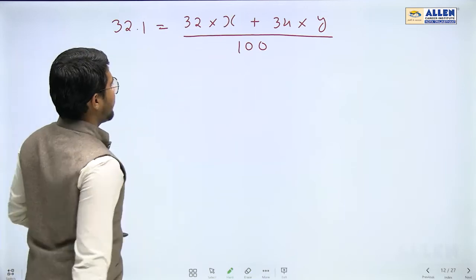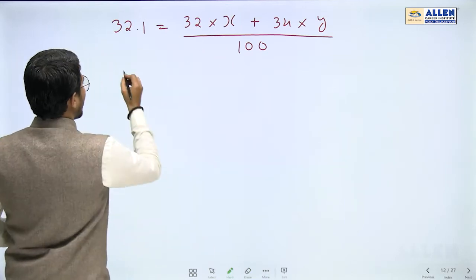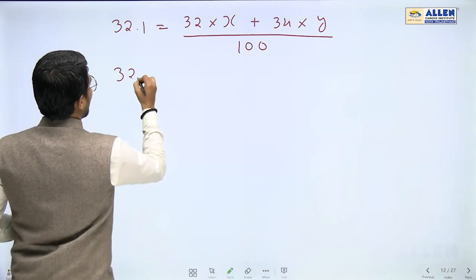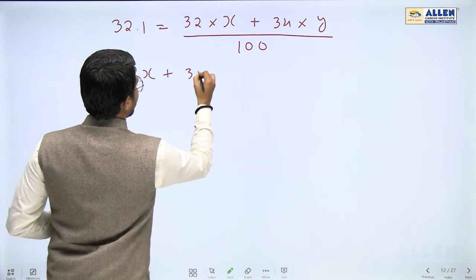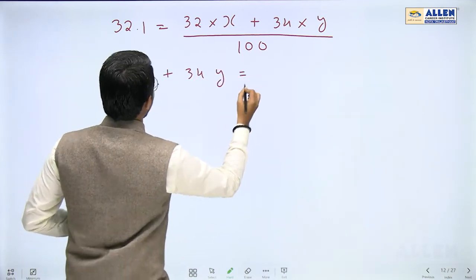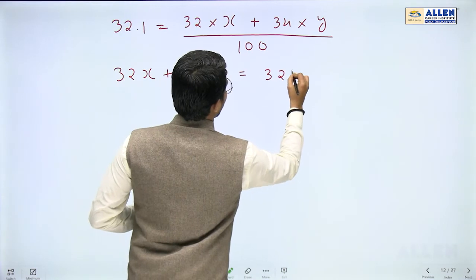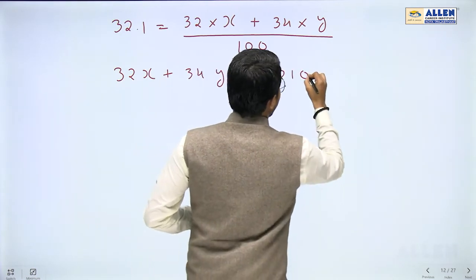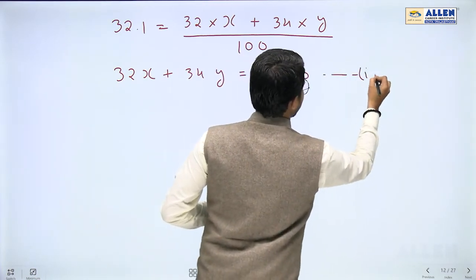Now if we solve this equation, we get 32x plus 34y is equal to 3210. We will say this is our first equation.